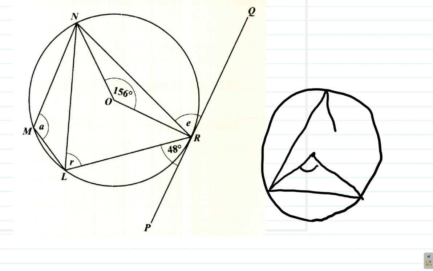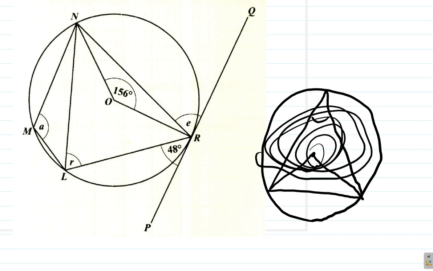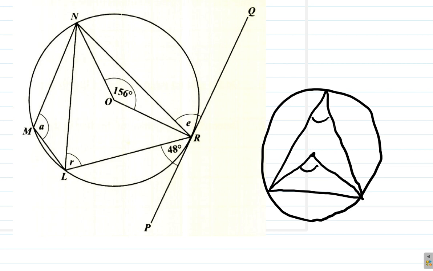You have another angle that lies on the same chord at the circumference within the same segment of the circle. If this angle at the circumference is x, then the angle at the center is 2x. It's going to be twice.